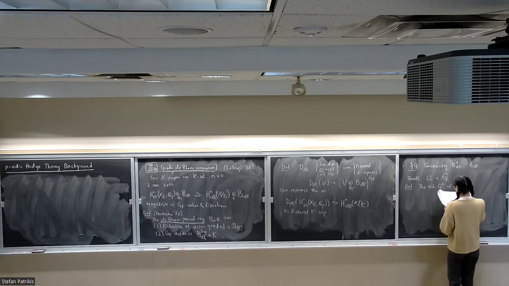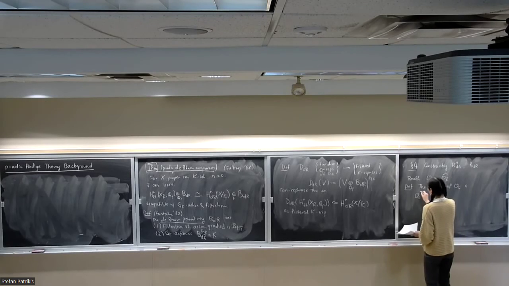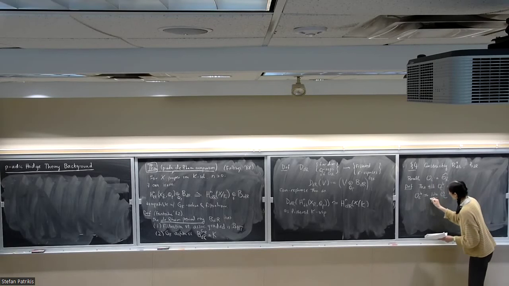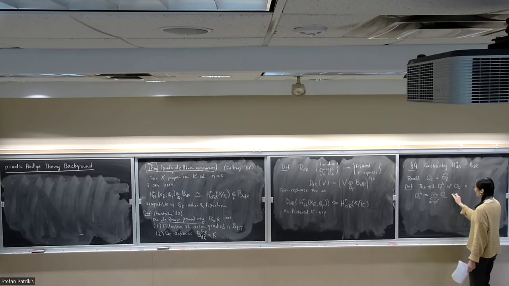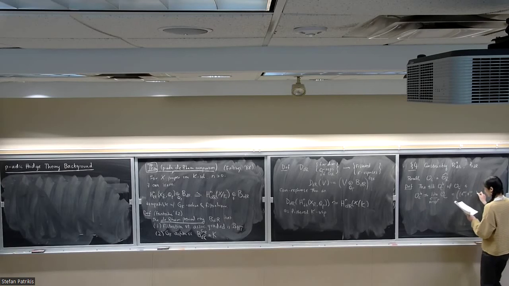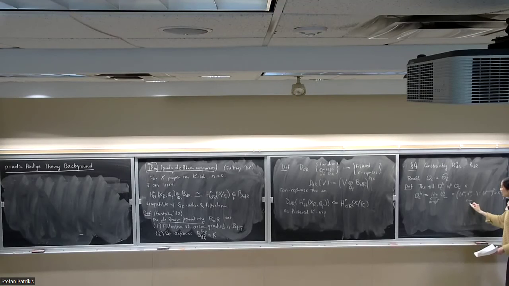OC tilt of OC is the inverse limit given by taking OC, inverse limit by x mapping to x to the p. You can think about this as an infinite sequence of elements of OC such that x_{n+1} to the pth power equals x_n for all n. So this lives in the product of OCs.